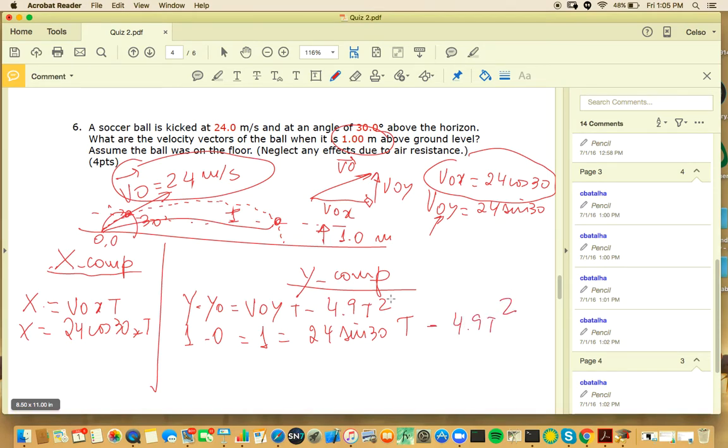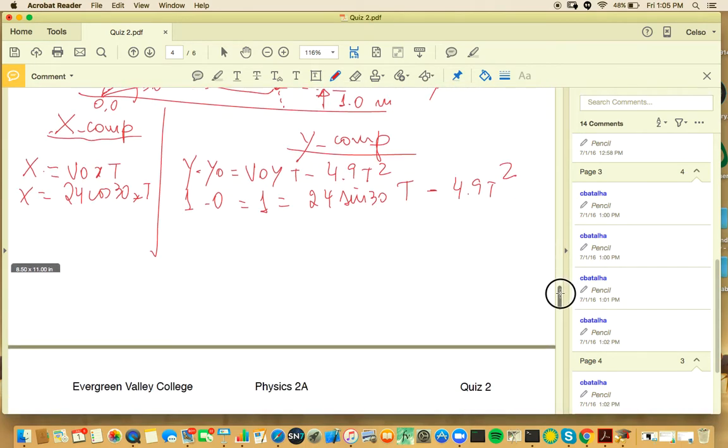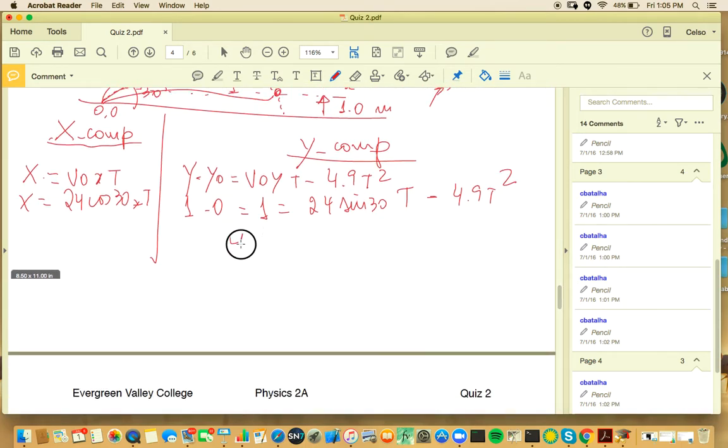And then we find ourselves on a second degree equation that is 4.9 t squared. I multiply everyone by minus 1. I don't like to deal with negative signs. Minus 24 sine of 30 is 0.5, right? So it's 12. Put 12 right there. Minus 12 t plus 1 equals 0.